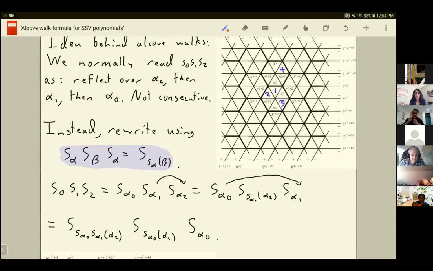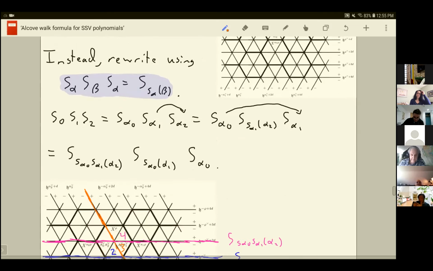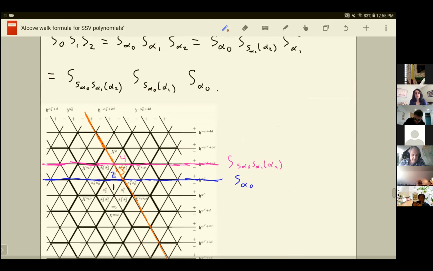And because of this conjugation property that reflections have, you've now written it in terms of reflections through hyperplanes that are always going to be adjacent to your alcove. So in terms of a picture, given this decomposition here, S alpha 0 is now next to the fundamental alcove. You reflect.